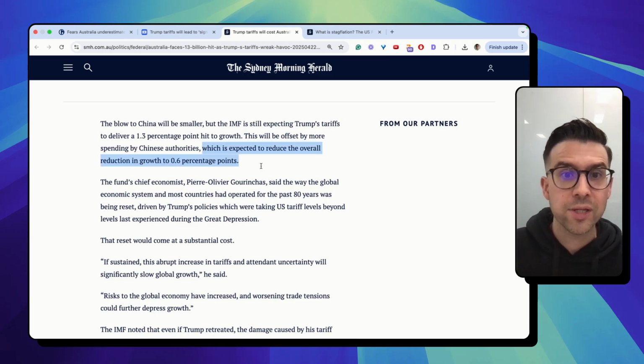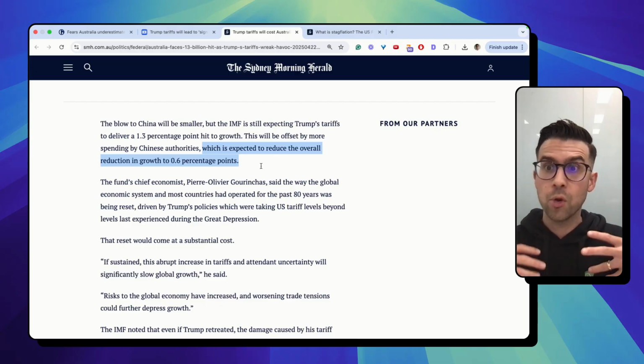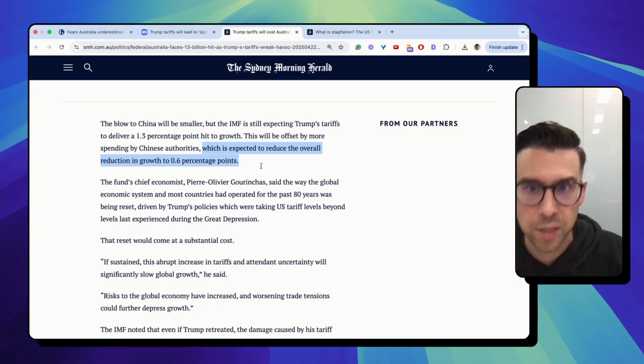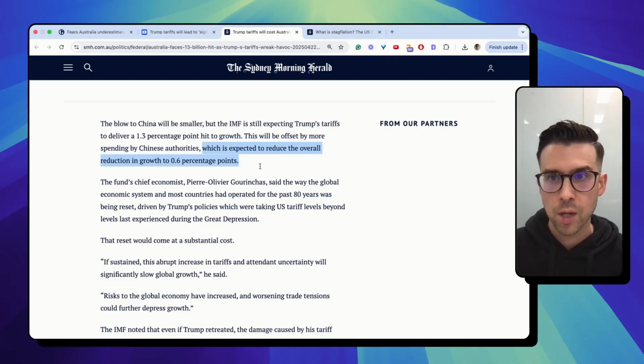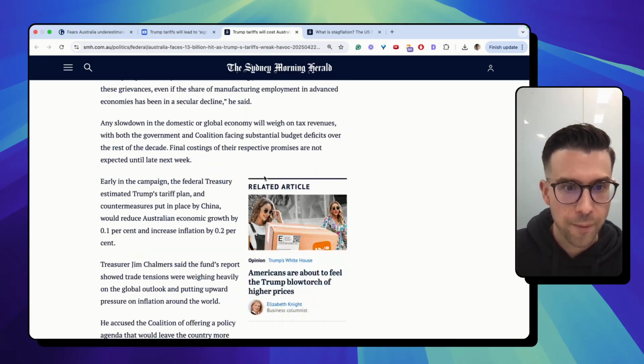So the overall reduction in growth will be 0.6%, okay? So it'll be less than the US. In other words, US tariffs are going to hurt US economic growth more than they'll hurt Chinese economic growth, which I think is obviously interesting, given that the purpose of these tariffs is to address the trade deficit that the US has with China.